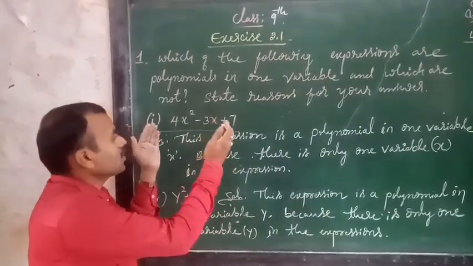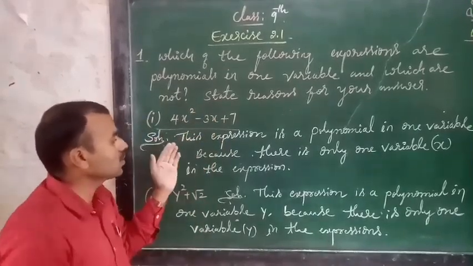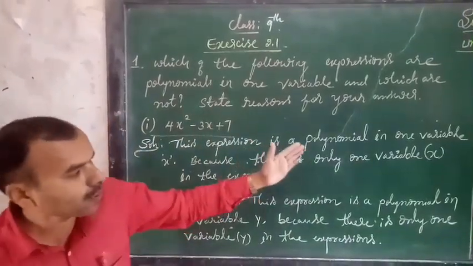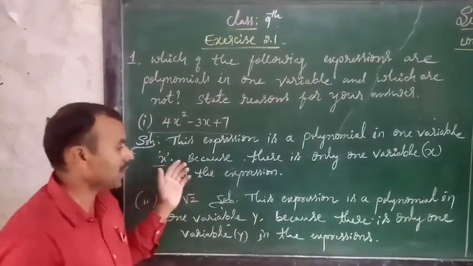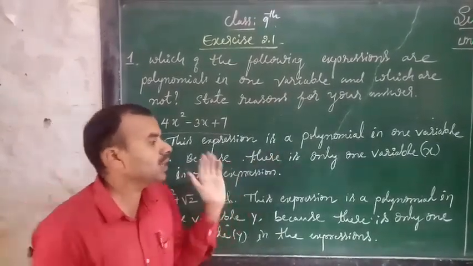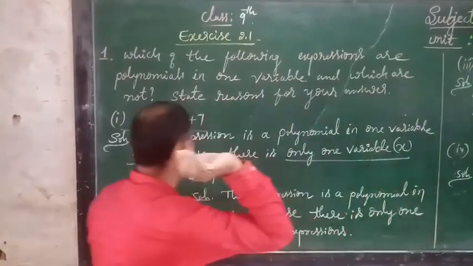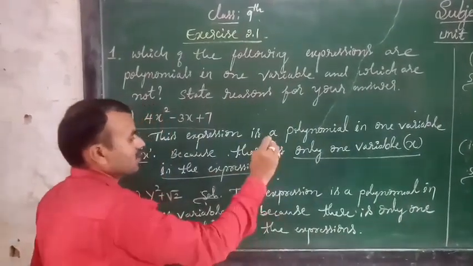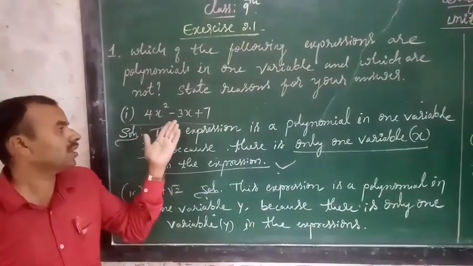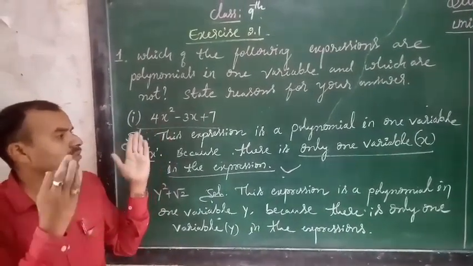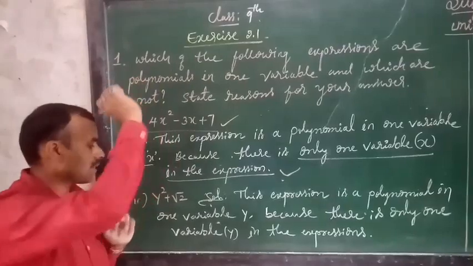It is an expression in one variable. So this expression is a polynomial in one variable x, because there is only one variable x in the expression. This is the answer for the first one. Here the variable is x, this is the one variable, so it is completed.